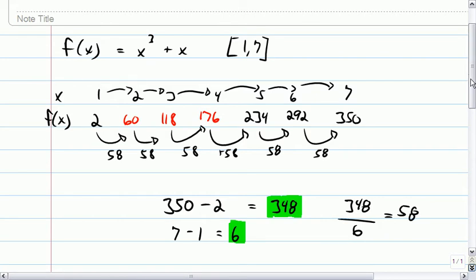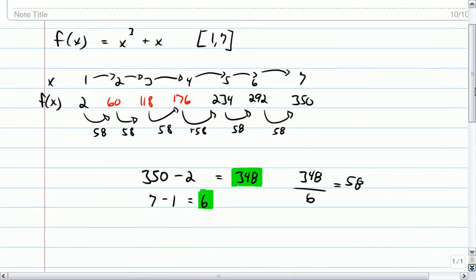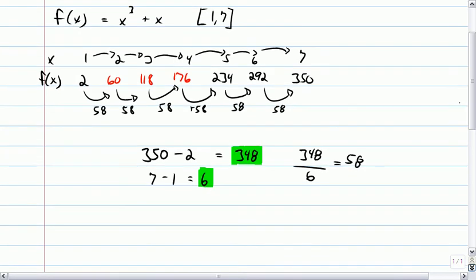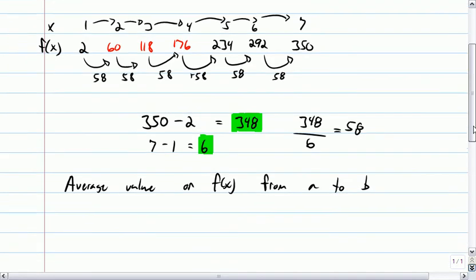Okay. And really, computationally, if you were looking for a formula here, the average rate of change on f of x from a to b, you'd be looking at f of b minus f of a, those are your y values, over b minus a.